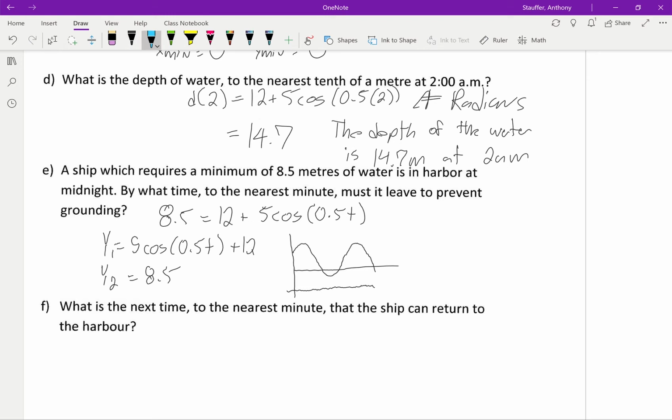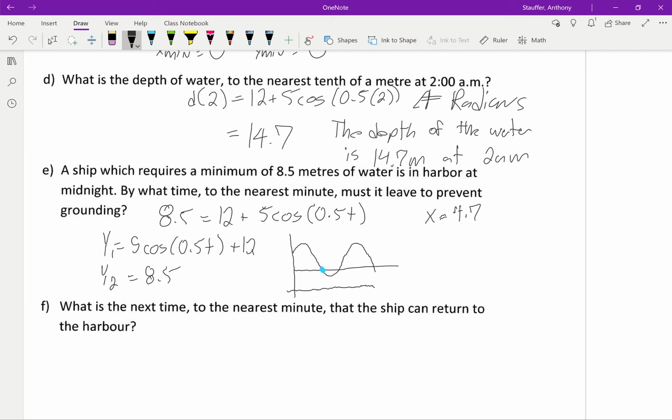So we want to know at what point we won't get grounded, and that's going to be the first intersection that we have there. So you go second, intersect, enter, enter, enter, make sure to move the cursor closer to that, and what you're going to get is an x value of 4.7.